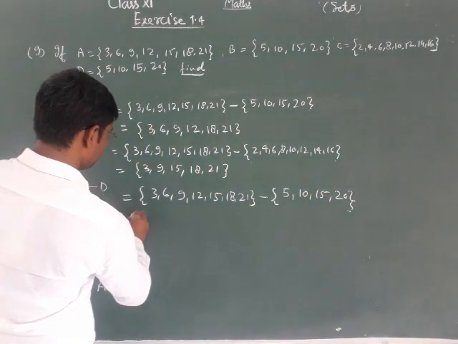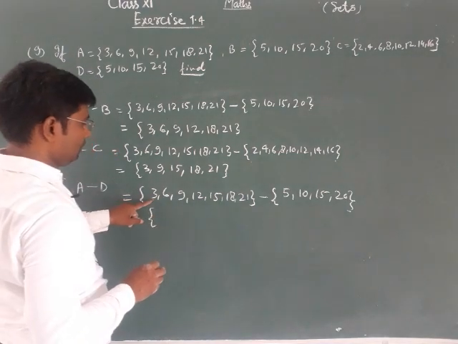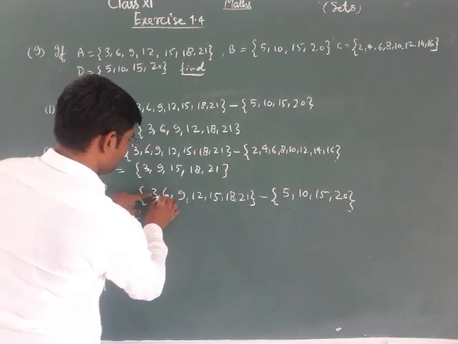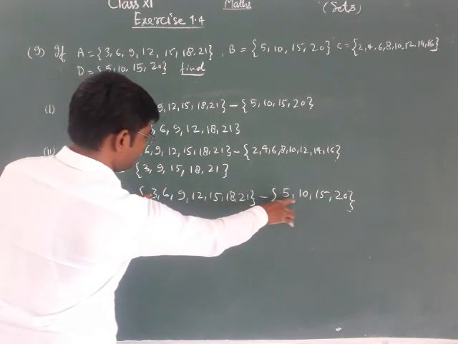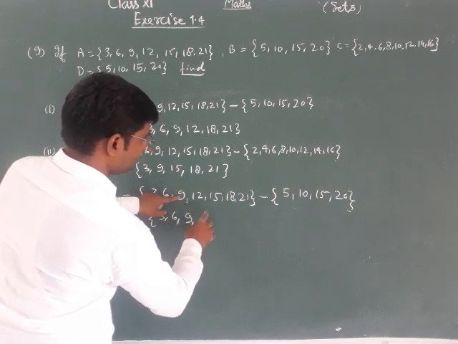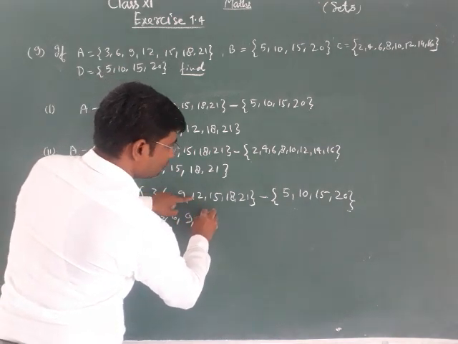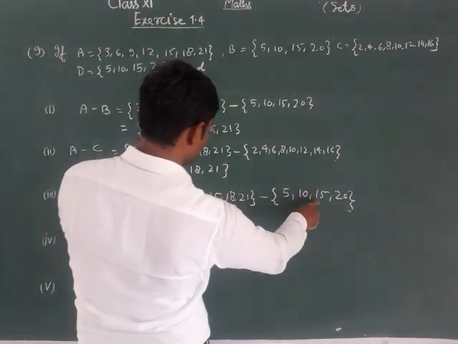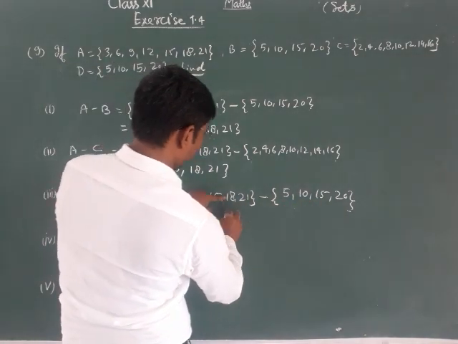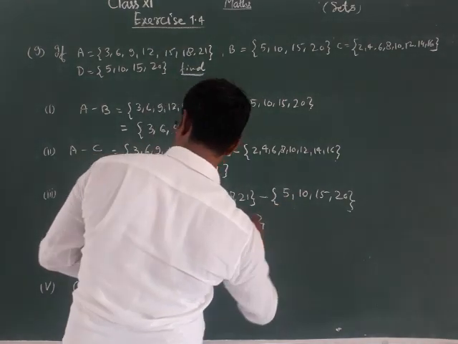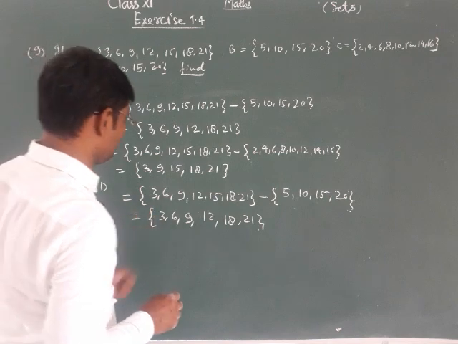So A minus D means those elements not present in D: 3, 6, 9, 12 are not present, 15 is present, 18 and 21 are not present. So this is A minus D.